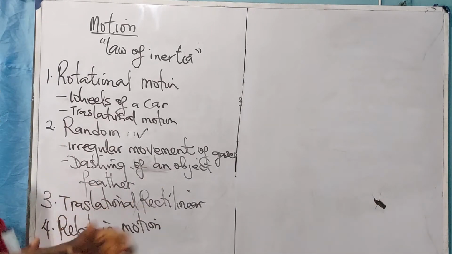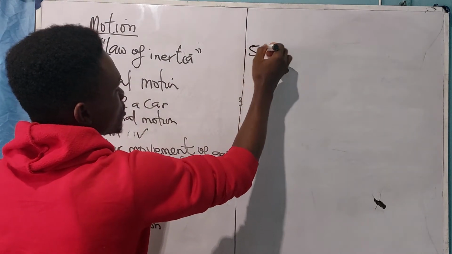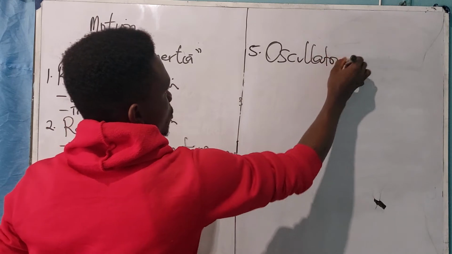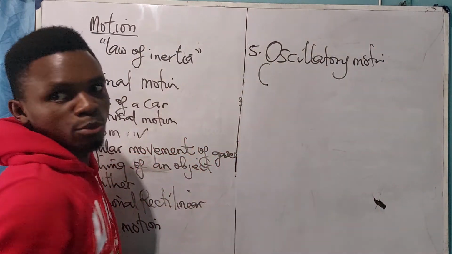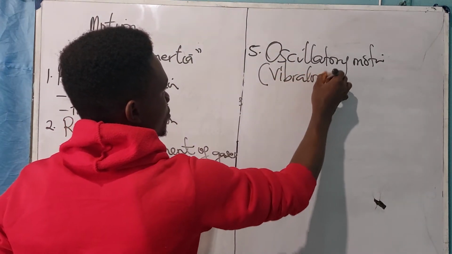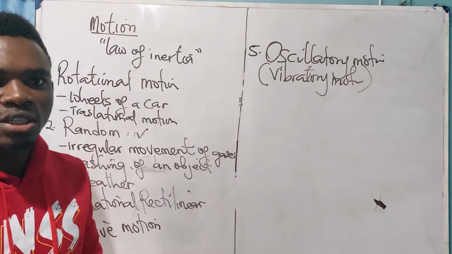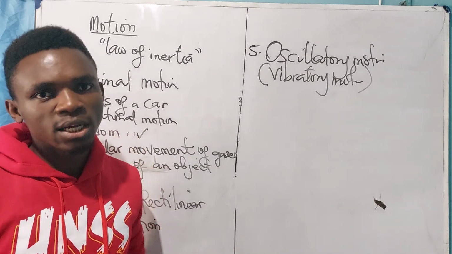That is relative motion. Now the 5th one, which is the last one for today, is called the oscillatory motion. I don't call it oscillatory motion, I'll call it vibratory motion. Oscillatory motion is a type of motion that is to and fro in manner.